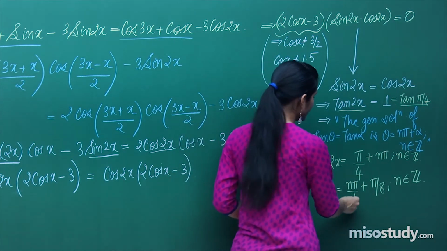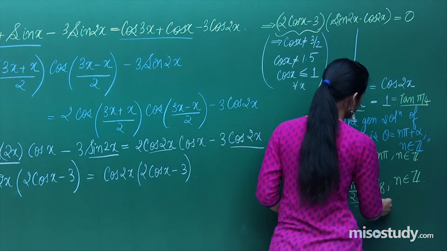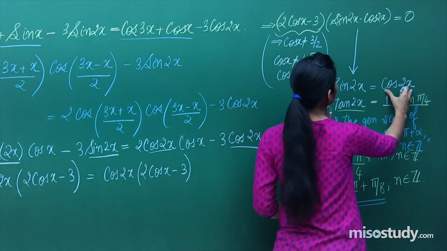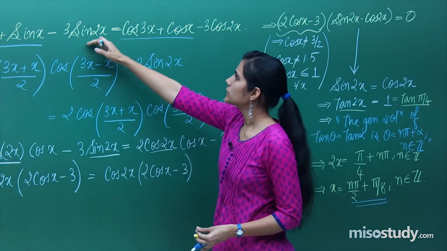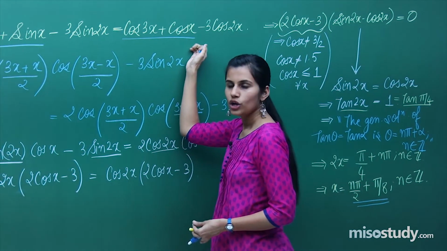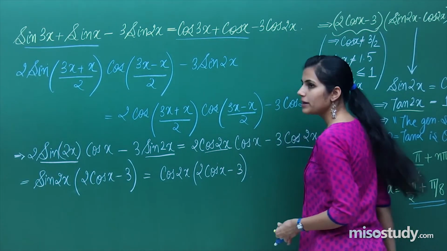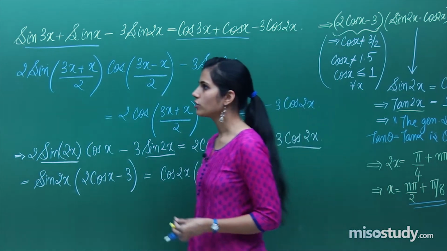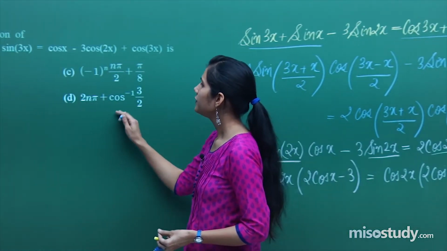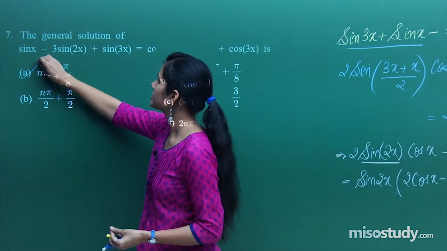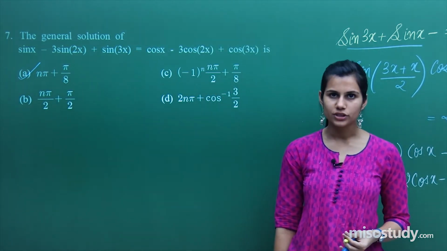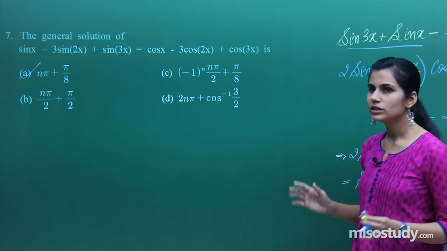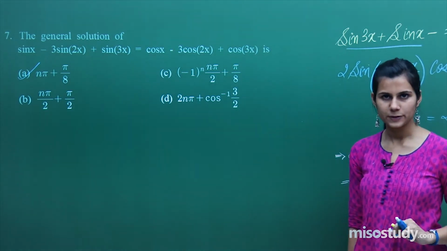All those x which are equal to n pi by 2 plus pi by 8, for them these two will be equal, for them this product will be 0, for them this will be equal to this. So, n pi by 2 plus pi by 8 is our general solution. Obviously, n is ranging over the set of integers. So, that is how you compute the general solution of this given expression.